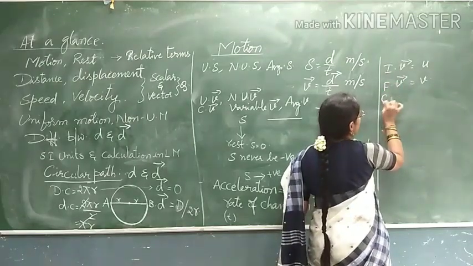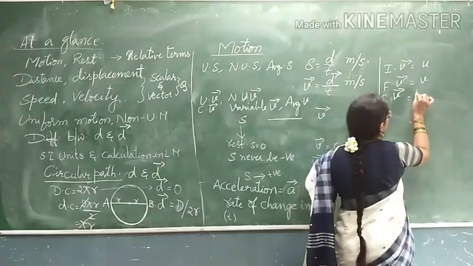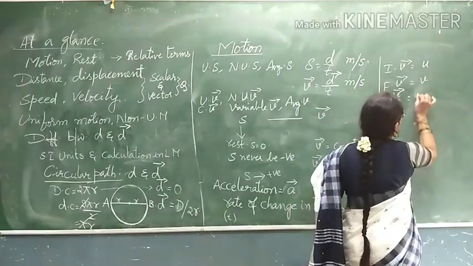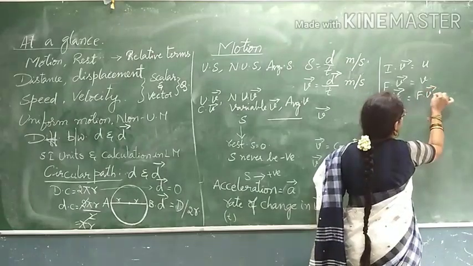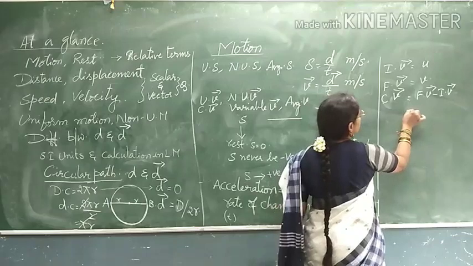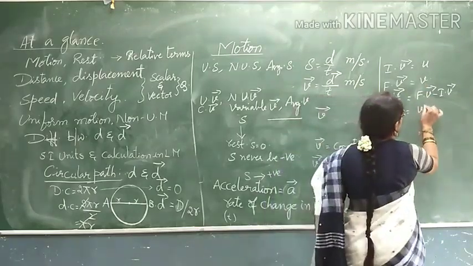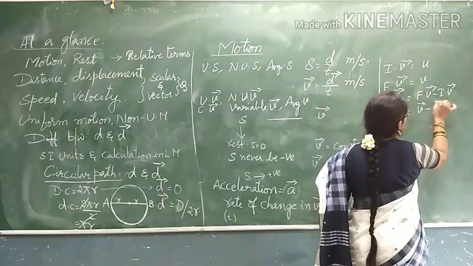What is change in velocity? Change in velocity is final velocity minus initial velocity, V minus U.